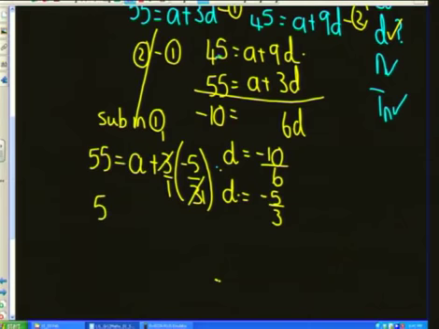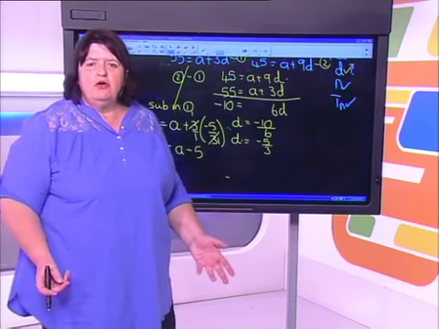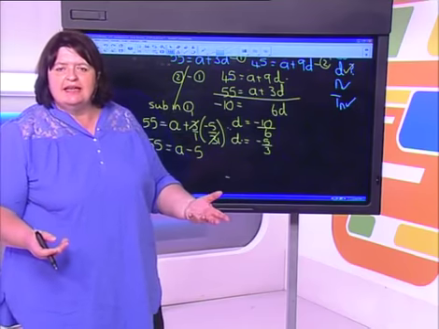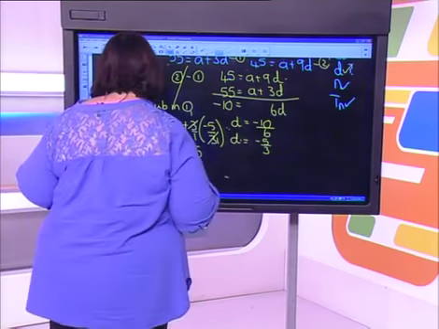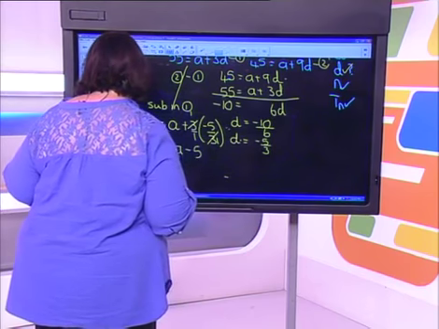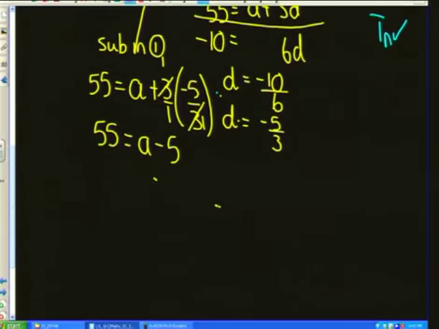And now I have 55 equals A minus 5. Very nice, because even if I'd used the other one, 9 times 5/3, the 9 and the 3 would cancel down, and so it would make it easier to work with. So it's a good question. It's not going to cause huge problems in terms of our arithmetic. And so our A is equal to 60.